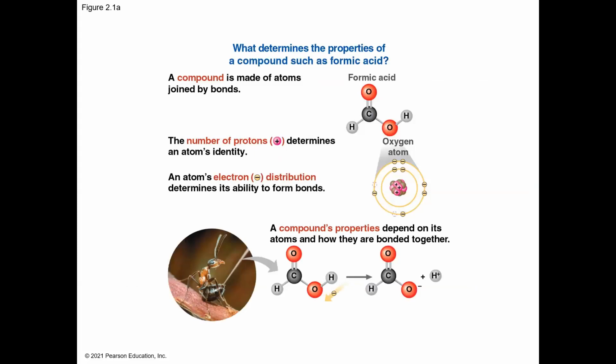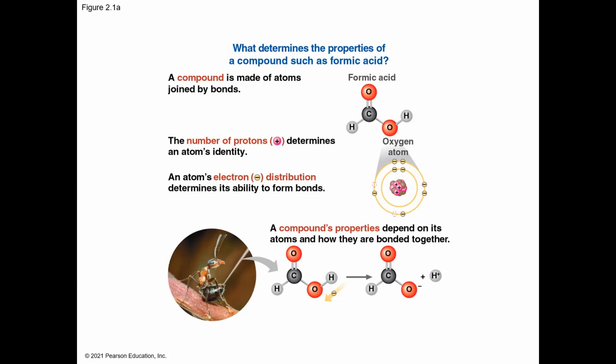So what determines the properties of a compound such as formic acid? First of all, a compound is made of atoms joined by bonds. And here you can see the chemical structure for formic acid. The number of protons that an atom has determines its identity.